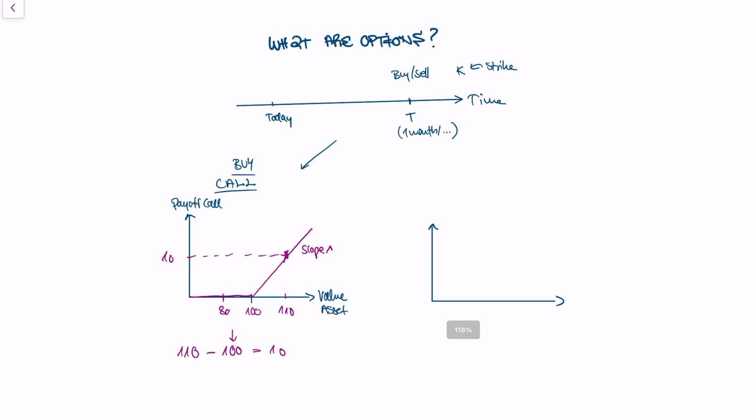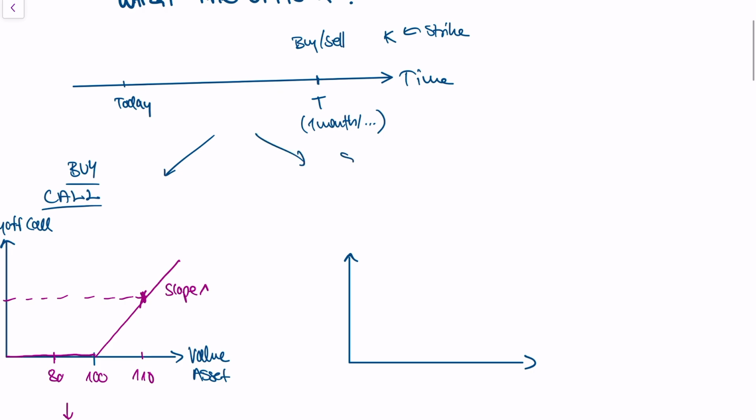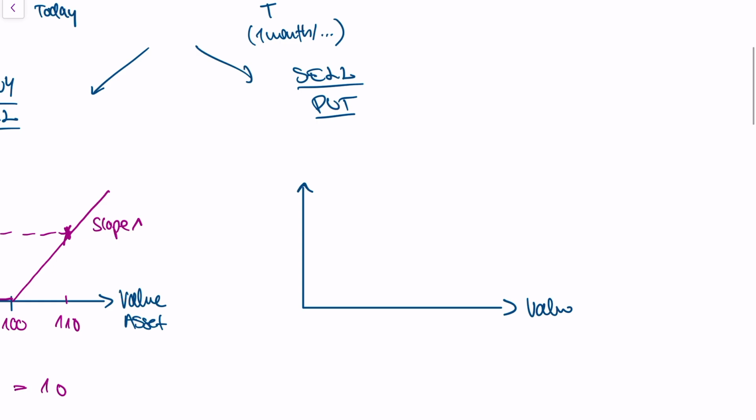Let's now talk about the second type of option, the option where I have the right to sell an asset. This is also called a put option. So once again, I have the value of the asset on the x-axis, and I have the payoff of my option on the y-axis. And let's say once again my strike price is K, and K is equal to 100.